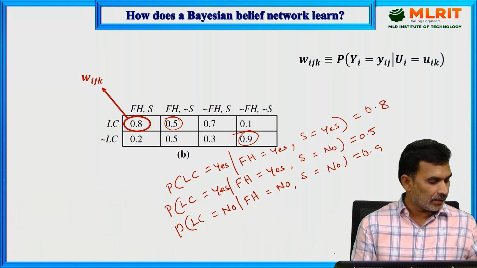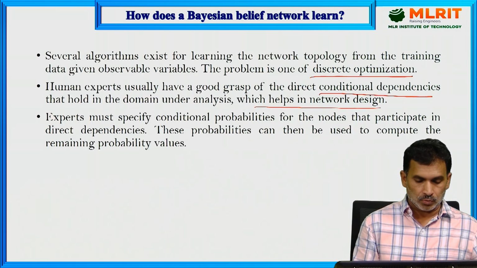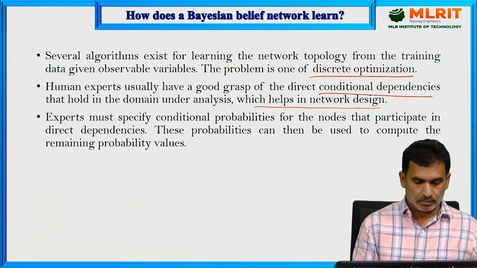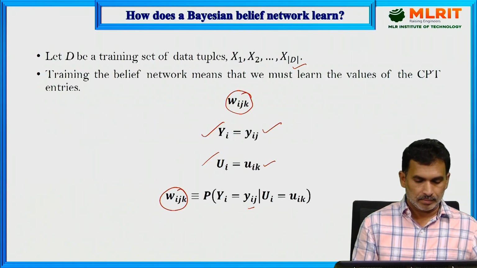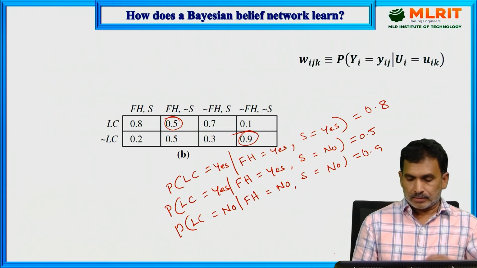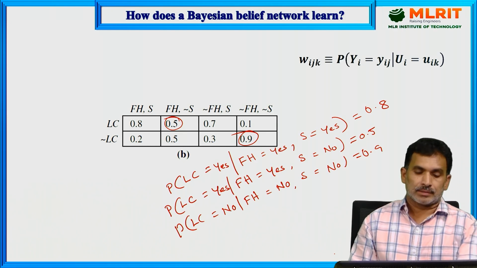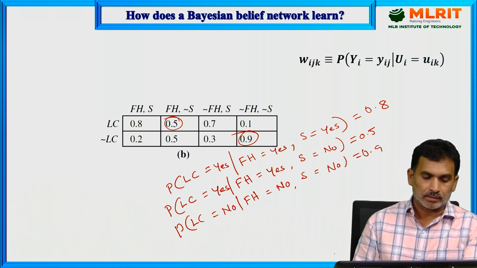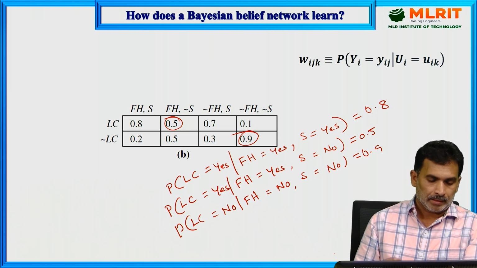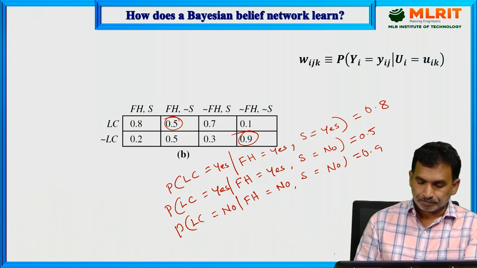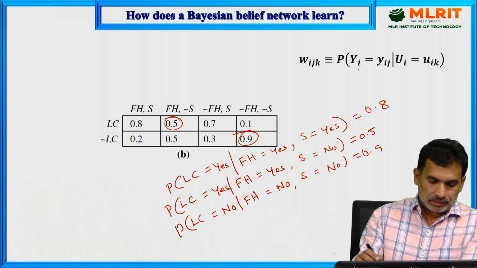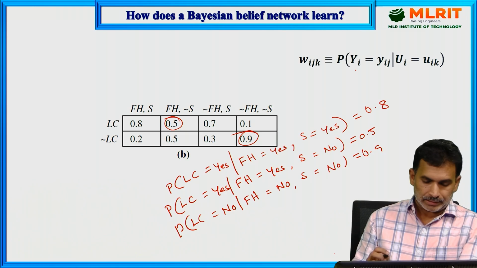If you go back to the diagram, sorry, there's no diagram here. Yeah. The diagram we discussed was a directed acyclic graph with a set of nodes like lung cancer, family history, smoker, etc. Suppose there are 6 variables in that data set.